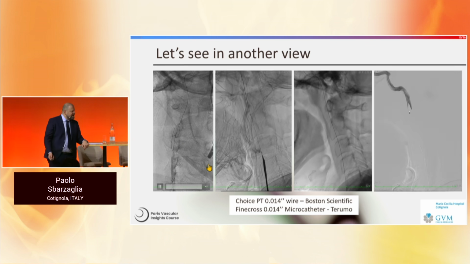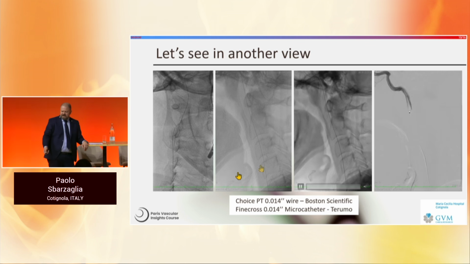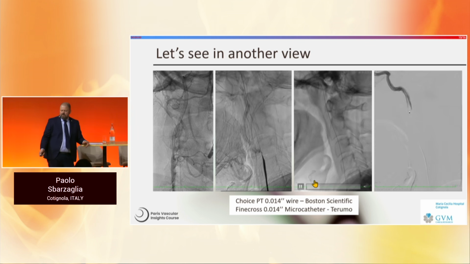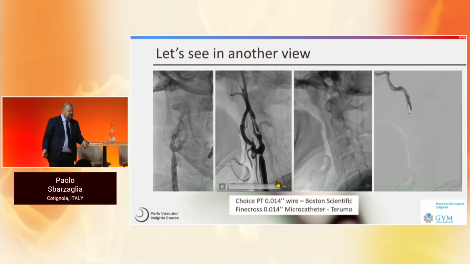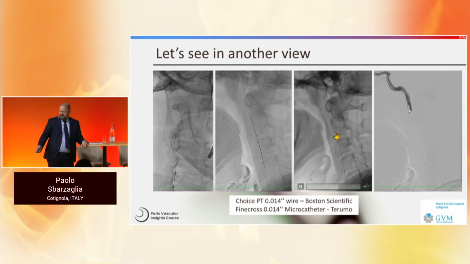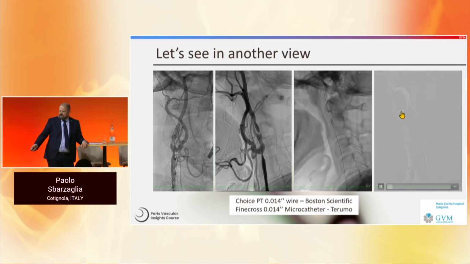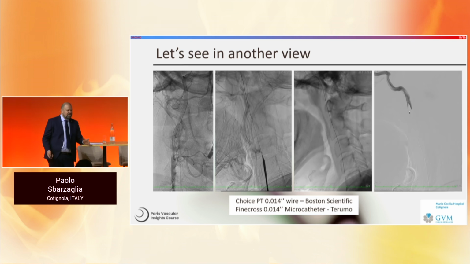So obviously I didn't want to go pushing there, and we checked again in different views, and we decided to go with the microcatheter taken from the coronary field. So we took the Fine Cross microcatheter going up here, and we are doing this picture injecting inside the lumen just to assess and double check that we were in the right place.